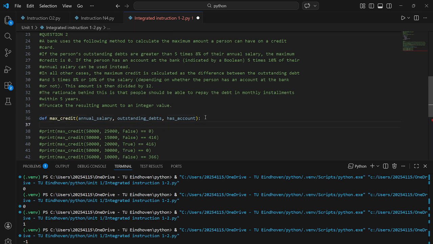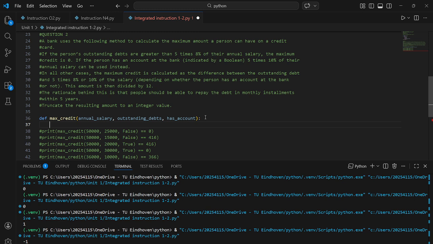Okay, so we can go back to the exercise. So if a person's outstanding debts are greater than 5 times 8% of their annual salary, the maximum credit is 0. If a person has an account in the bank, 5 times 10% of their annual salary can be used instead. Okay. In all other cases, the maximum credit is calculated as a difference of the outstanding debt and 5 times 8 or 10% of the salary, depending on whether the person has a bank account or not.